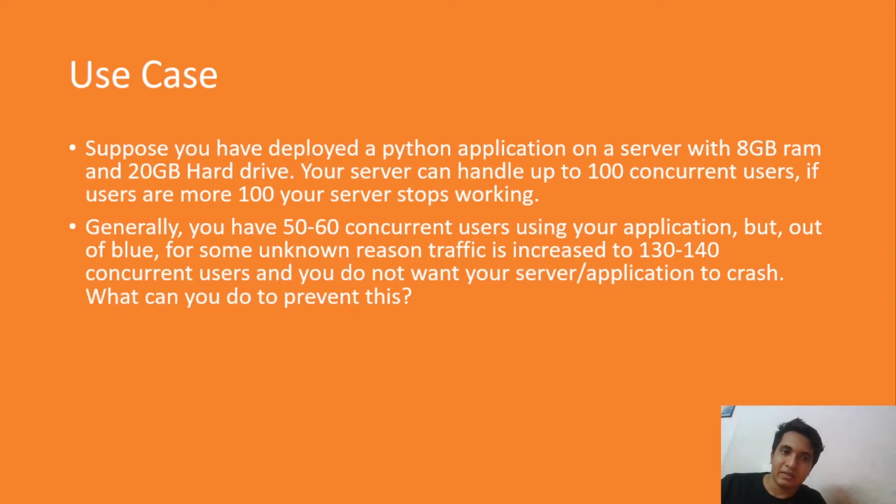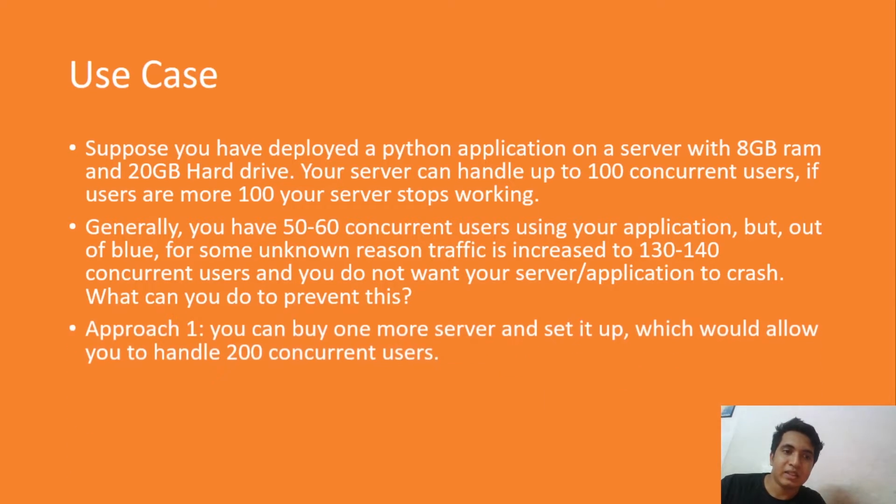But for some reason, we are receiving unexpected traffic, and we currently have 130 or 140 concurrent users, and we do not want to stop the application, or we do not want the users to have a bad user experience. So what do we do in such a scenario where we want every user to use our application seamlessly? There are two approaches that we could take.